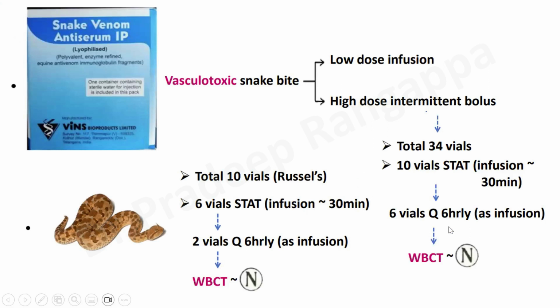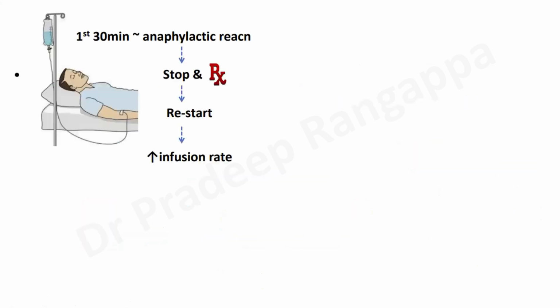So the easiest way to remember is 10 stat and 2 vials 6 hourly, or 10 stat and 6 vials 6 hourly until whole blood clotting time normalizes. And the total is not to exceed 34 vials, because the maximum venom that can be present can be neutralized by around 30 vials. So that is the ballpark. And the same can be utilized for even elapid bites or the cobra bites.